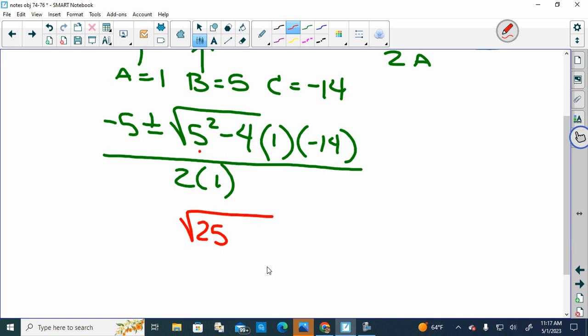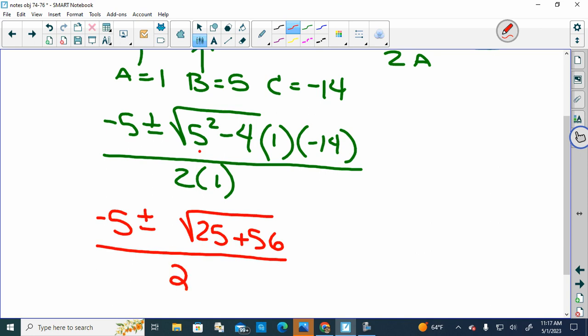So really you're just going 4 times 14. 56. And we just said it was a negative times negative, so it makes it a positive 56. Okay, so I'm just going to go ahead and write everything else that I have not simplified. On the bottom, 2 times 1 is just going to be 2. Okay, questions up there where those numbers came from.